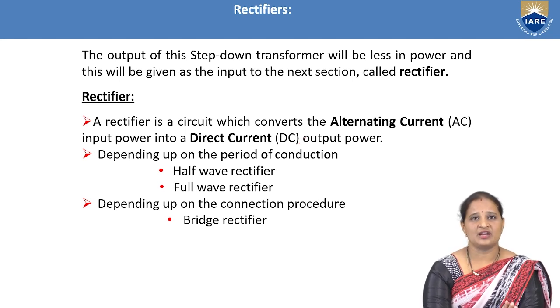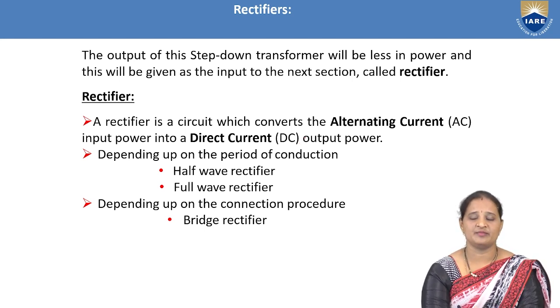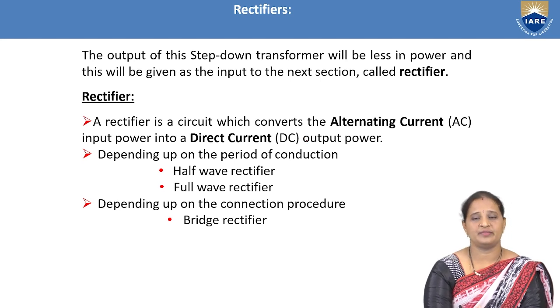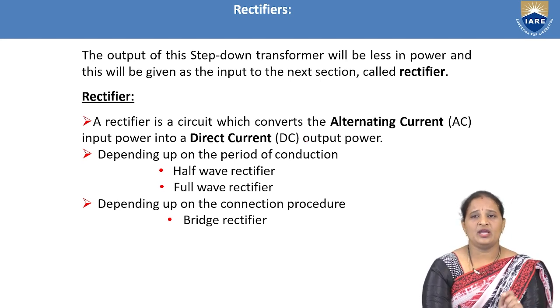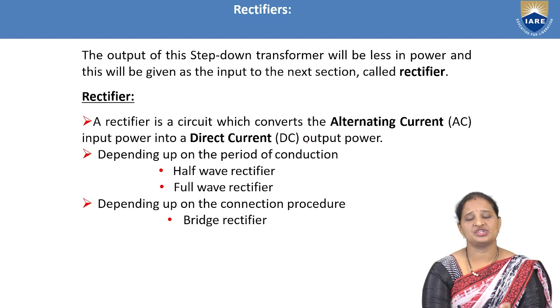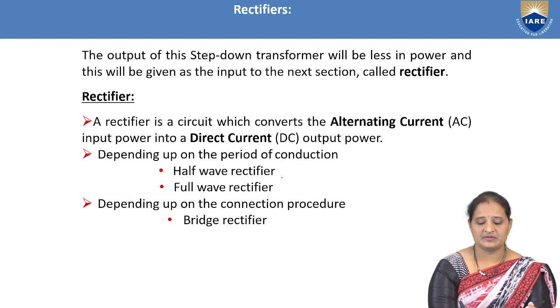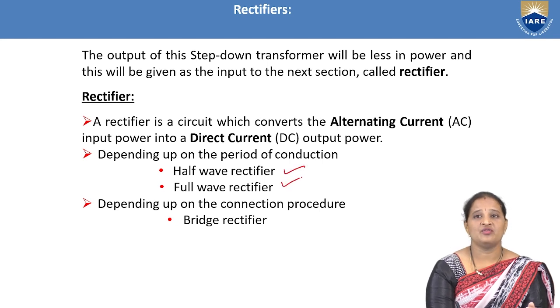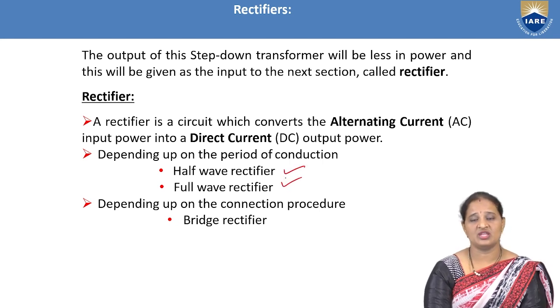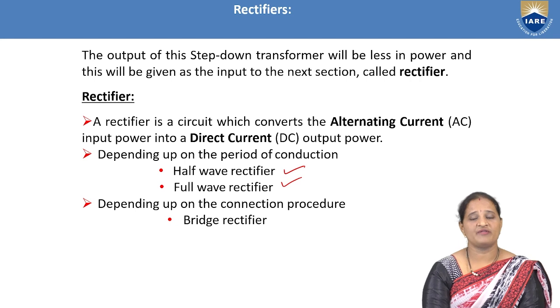That means it converts AC input power into DC output power. Depending upon the period of conduction of diodes, rectifiers are basically classified into two types: half wave rectifier and full wave rectifier.